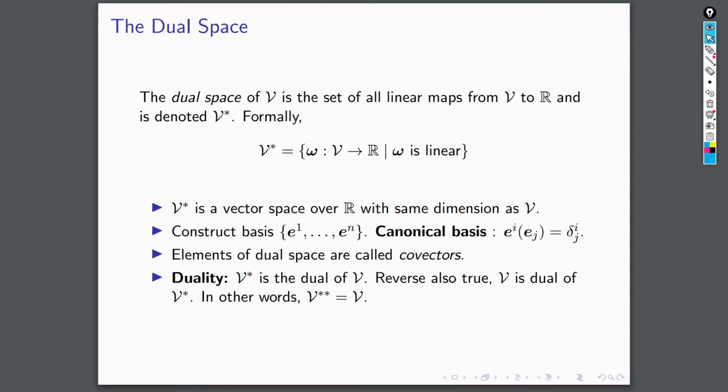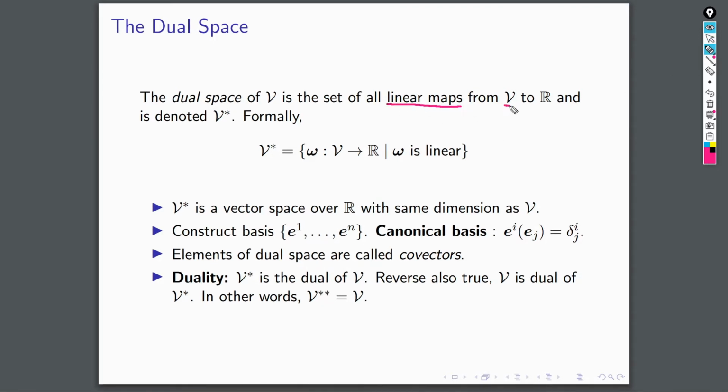Okay, so now we're going to talk about the dual space. The dual space of V is the set of all linear maps from V to R. Those are our key terms.